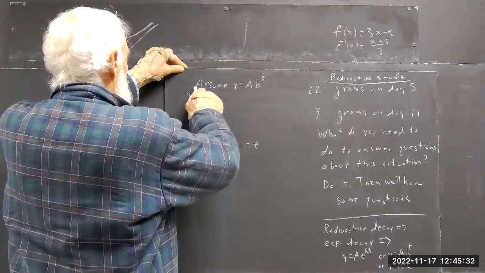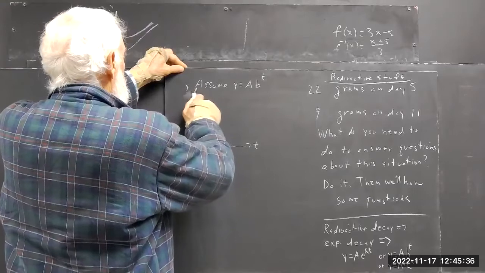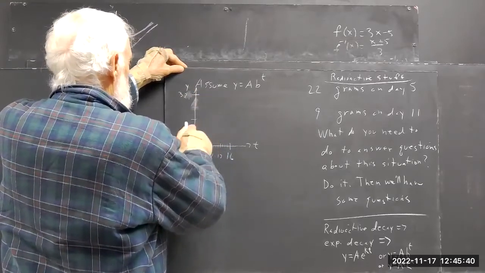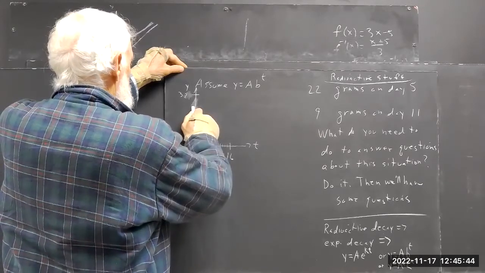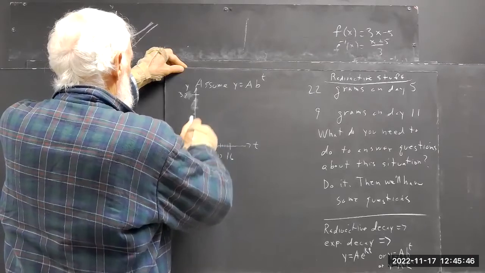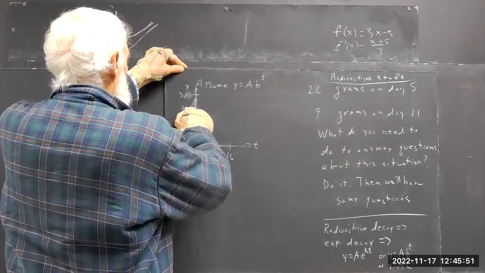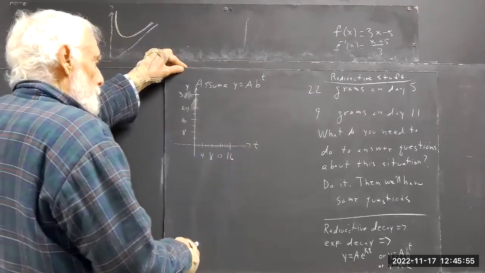I'm going to extend my y-axis a little beyond what I originally had it, and put 32 here. Power of 2, it's easy to subdivide. And if this is 32, this is 16, this is 24, this is 8. So I can kind of see where to put my points.